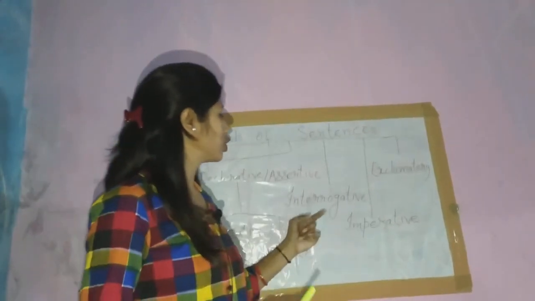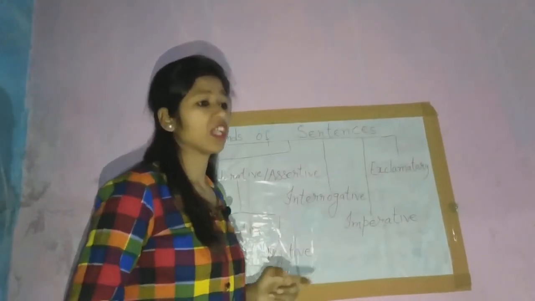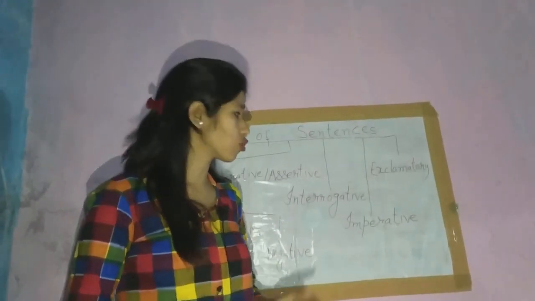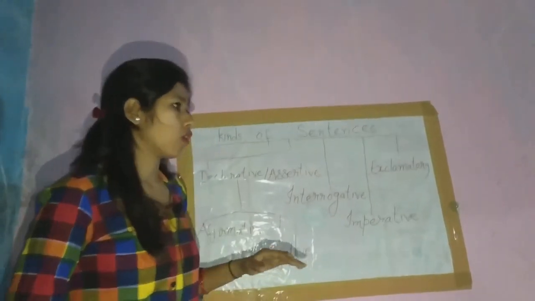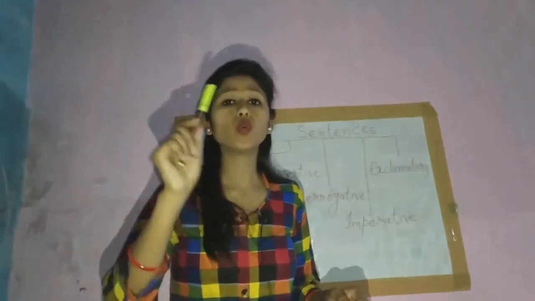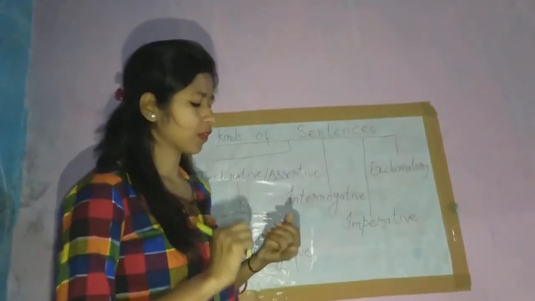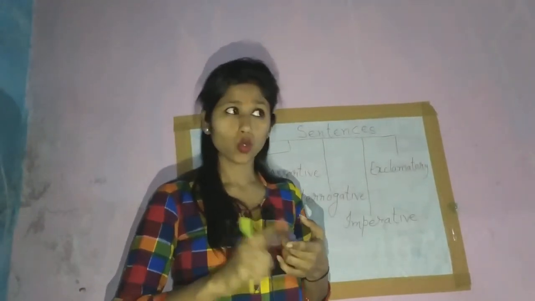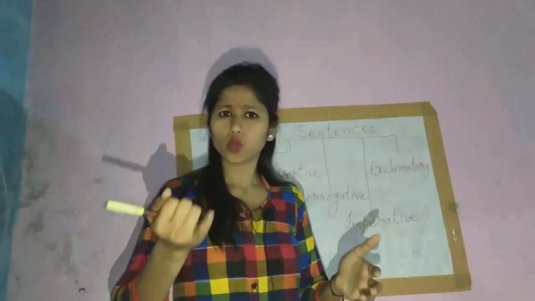So we will go to the next. This is interrogative sentences. A sentence which asks a question is called an interrogative sentence. All the sentences which start with WH words or question words. Example, what, when, where, who, how, whom, whose.